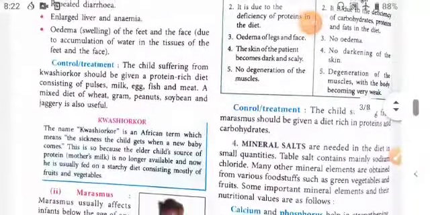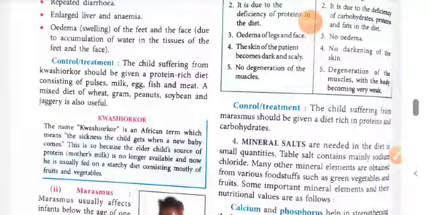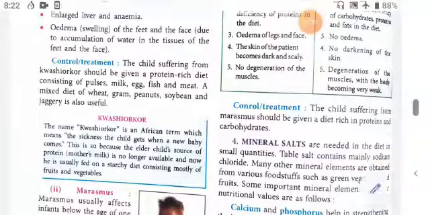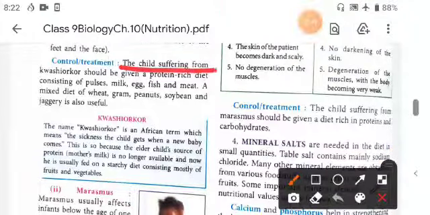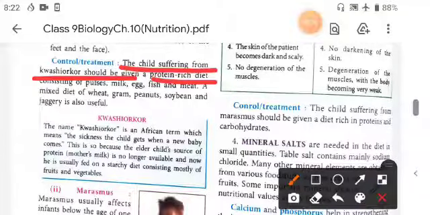Then how can you control Kwashiorkor and what is the treatment? The child who is suffering from Kwashiorkor should be given a protein rich diet consisting of pulses, milk, egg, fish and meat.